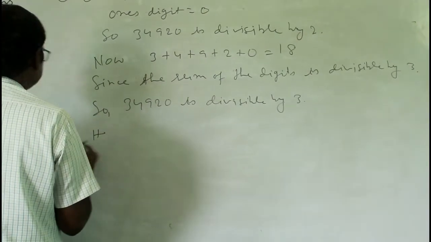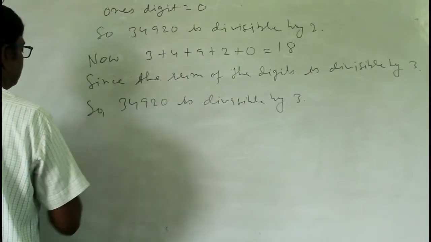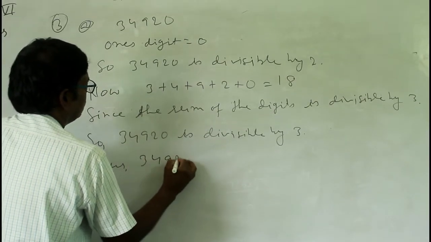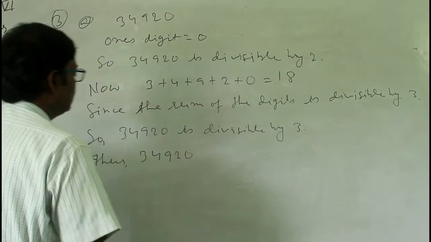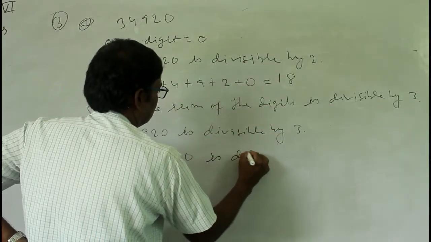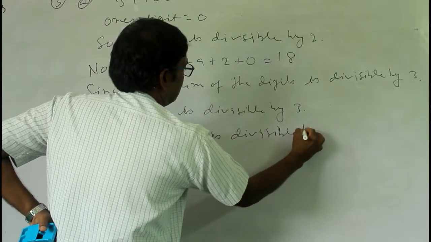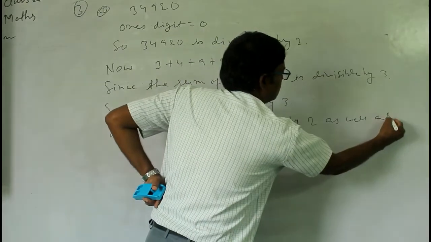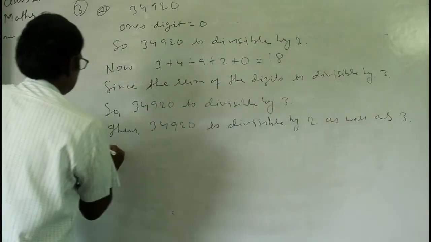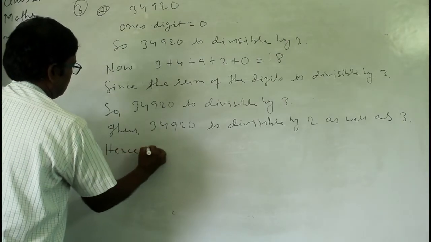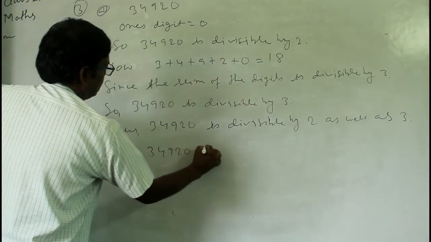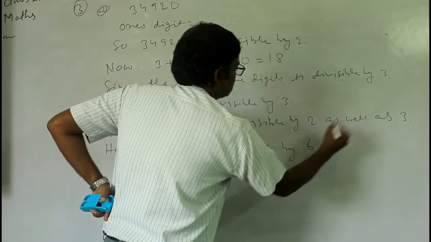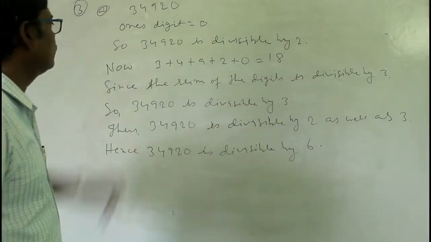Hence, here you write that thus 34920, that is 34,920, is divisible by 2 as well as 3. Hence 34920 is divisible by 6. Okay, so in this you will write the answer like this.